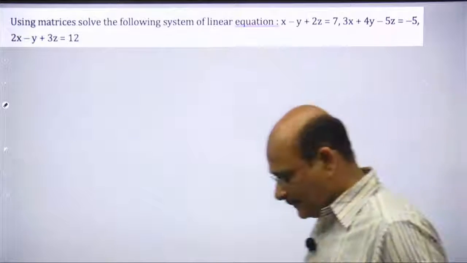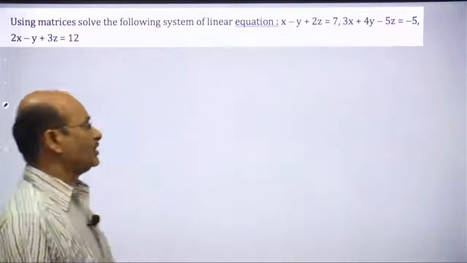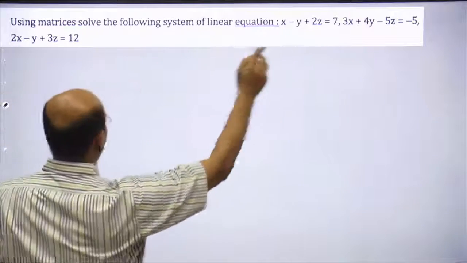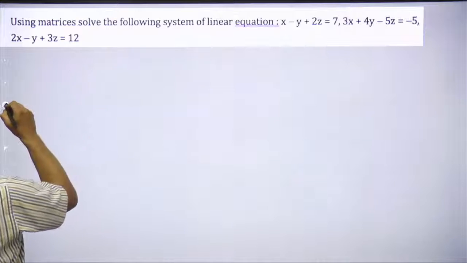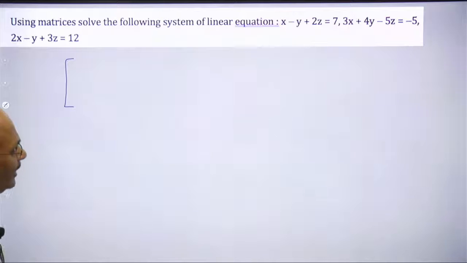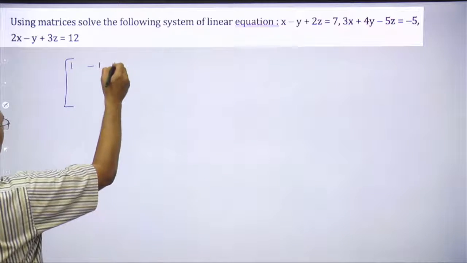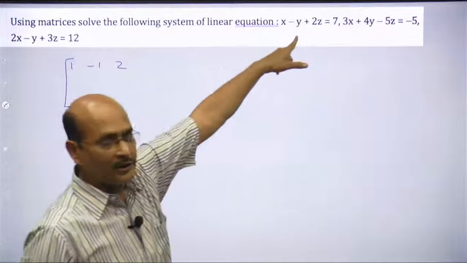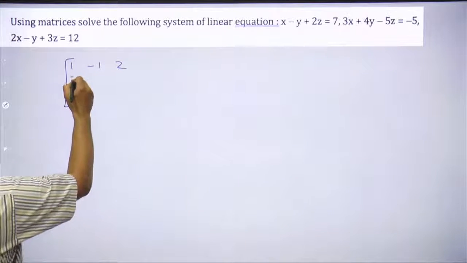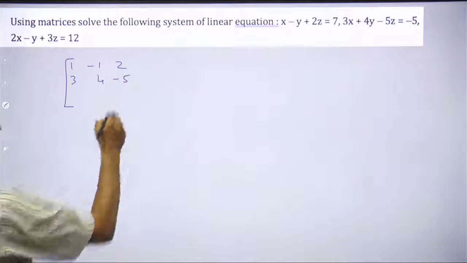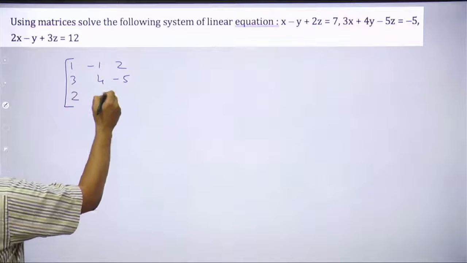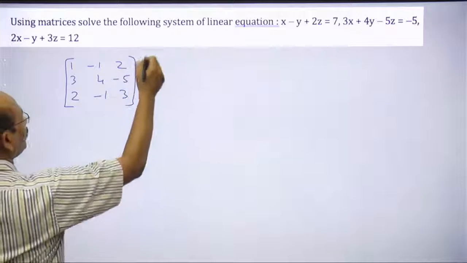So the first step is, whenever any system of equations is given to you, you have to write this in matrix form. If you look at this equation here, the matrix form would be: 1 minus 1 2, 3 4 minus 5, 2 minus 1 3, which are the coefficients, into the column matrix always.